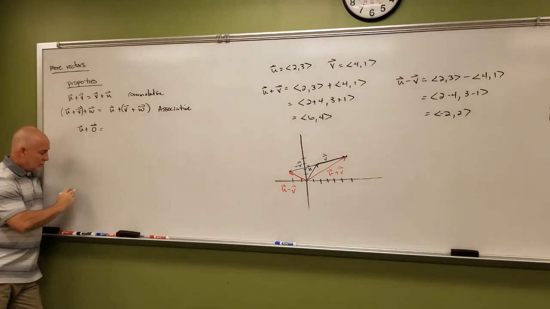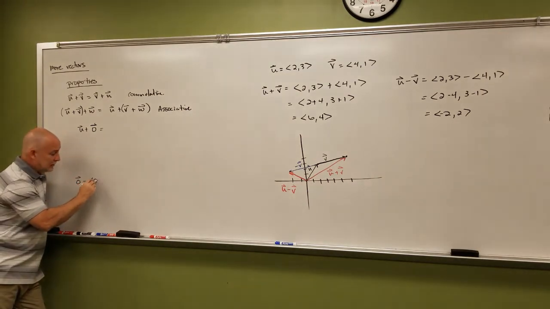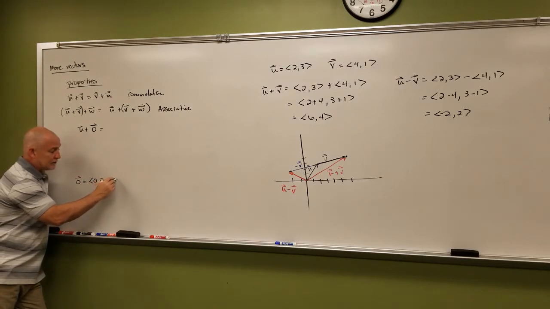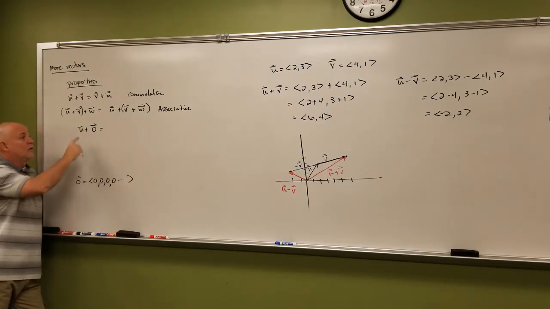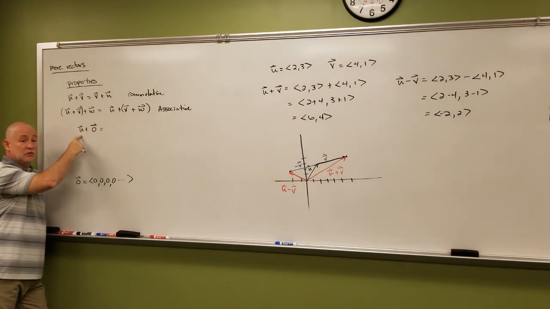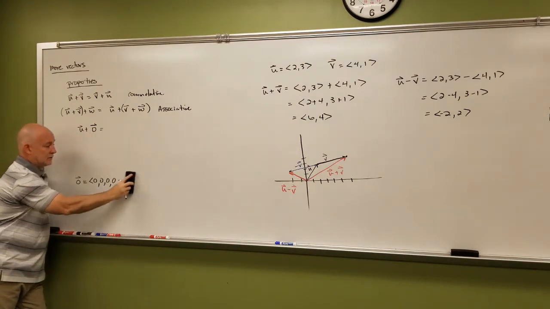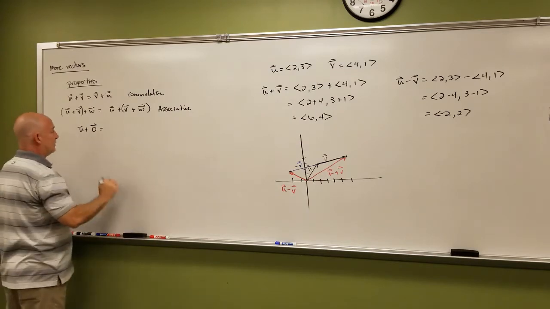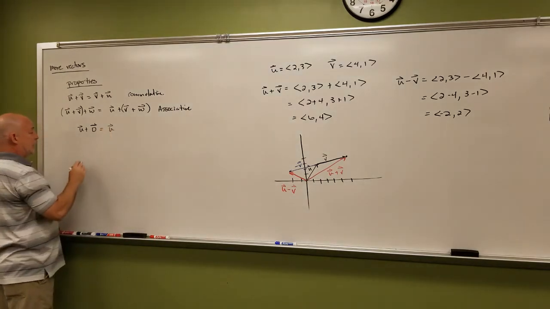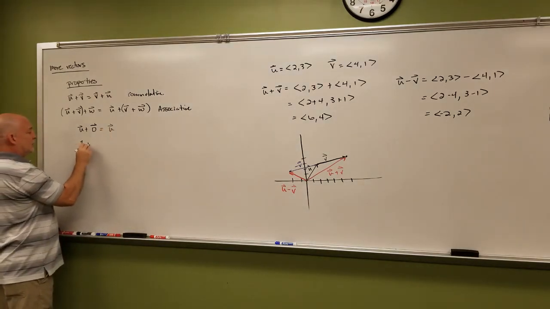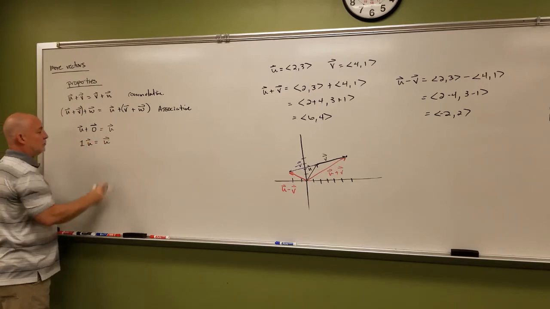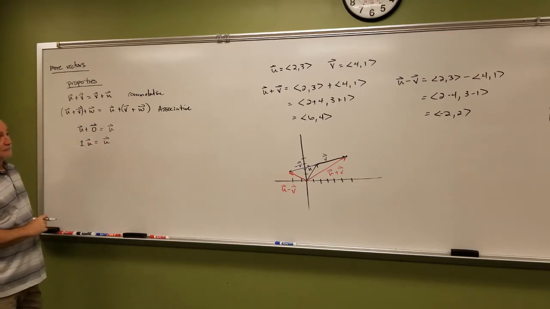Now, a lot of textbooks don't actually define this, but the 0 vector is exactly what you'd think it'd be. It's just a vector full of zeros, whatever size it needs to be. So whatever dimension u is, 2 dimension, 3 dimension, whatever, the 0 vector can be the same size. Now, of course, if you add nothing to something, you get the exact same thing back. Kind of like for scalar multiplication, if you multiply by a 1, you also get the exact same thing.